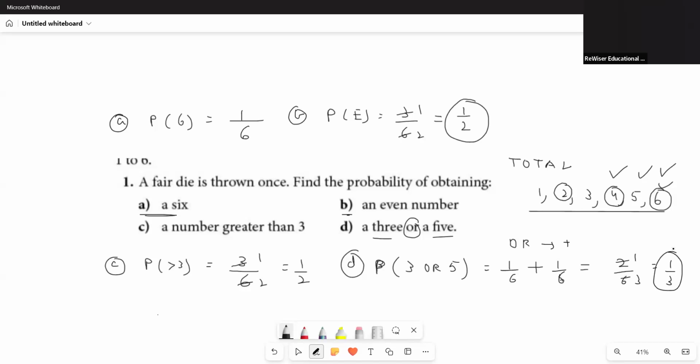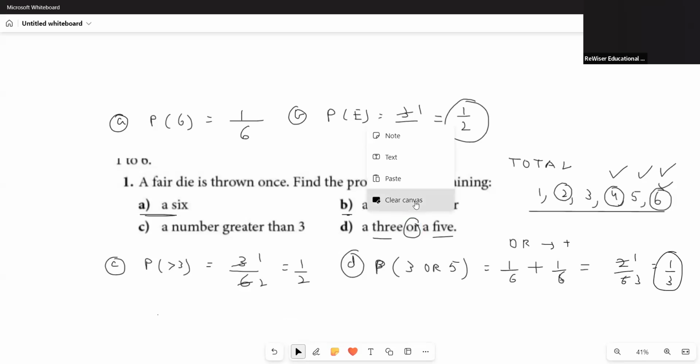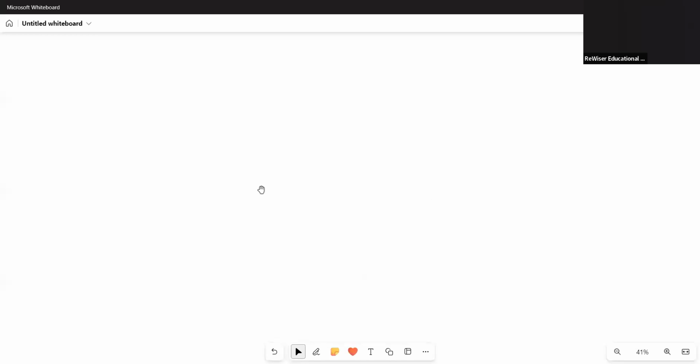So these are the typical types of problems usually asked in IGCSE examinations. Please note this down. Now, apart from this, if 2 dice are thrown, then the total number of outcomes should be equal to 6 squared.